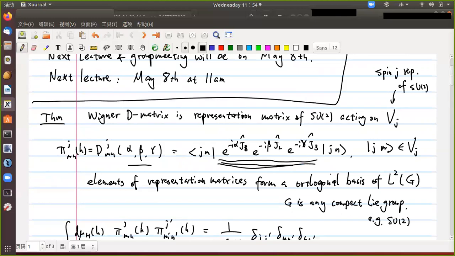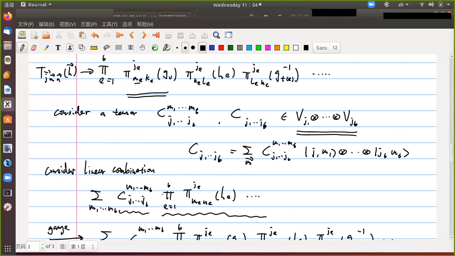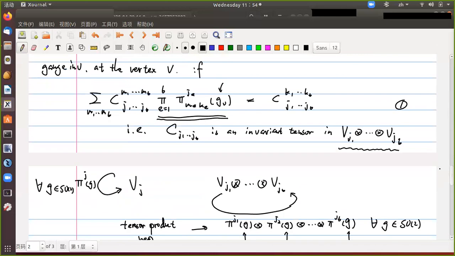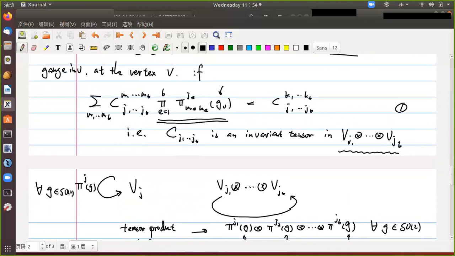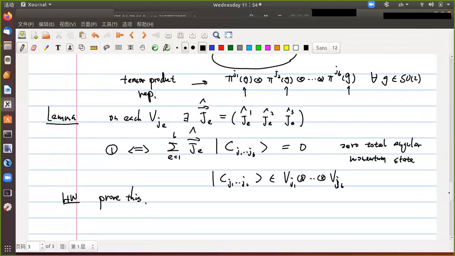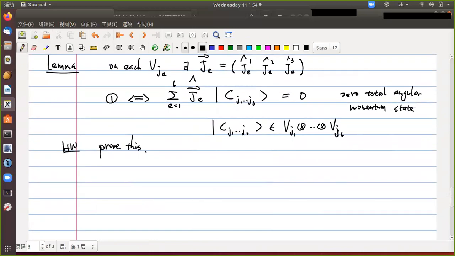Then you use this invariance, take derivatives on the left and right with respect to the parameters alpha, beta, and gamma, and you should recover this zero angular momentum state condition. It's a very simple proof.